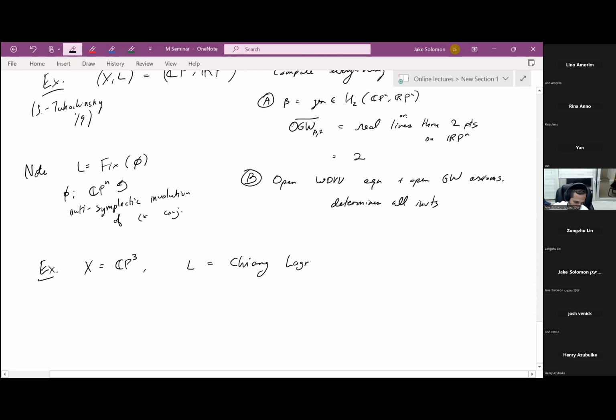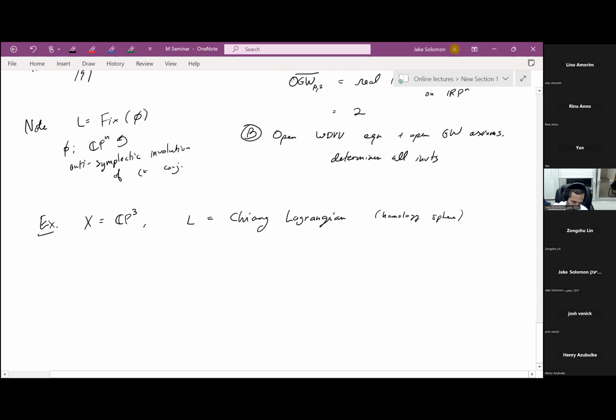Let me say briefly what that is. So it's a homology sphere. Its pi1 is order 12.